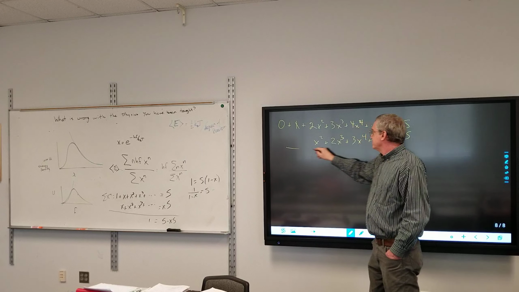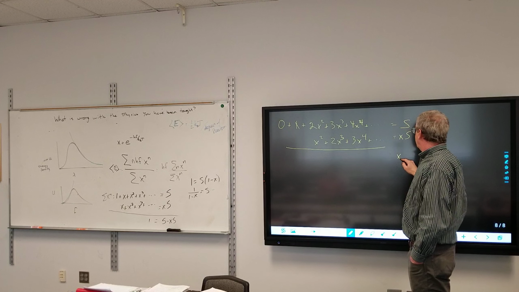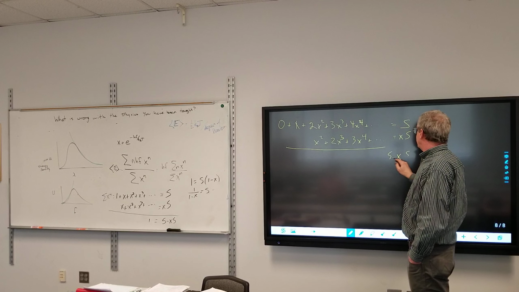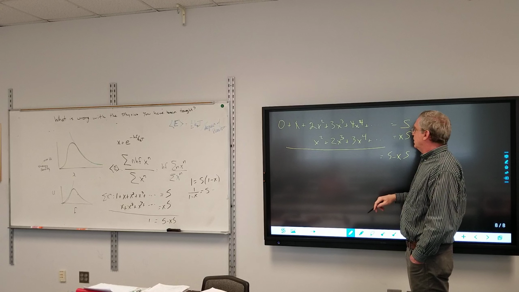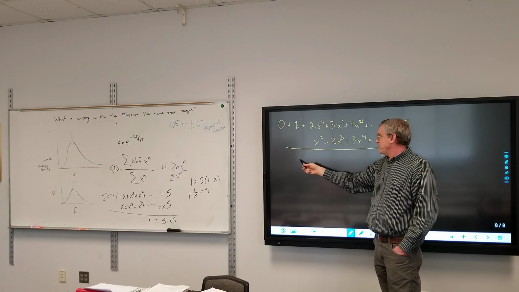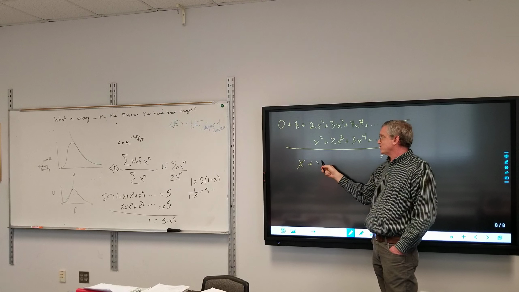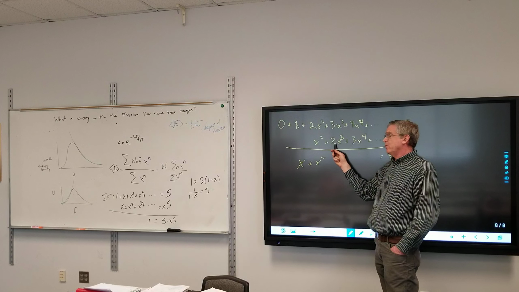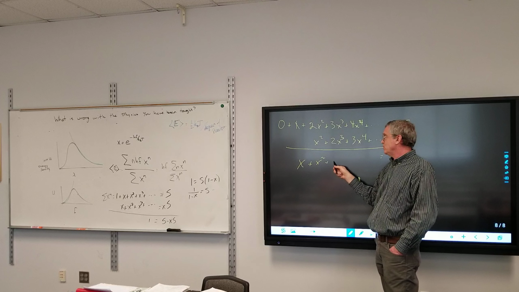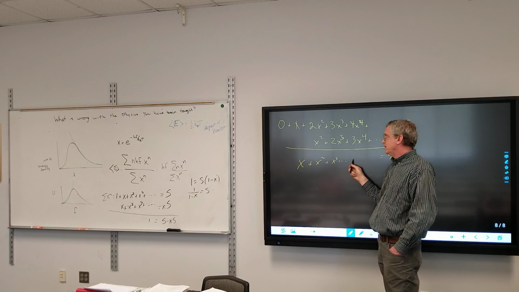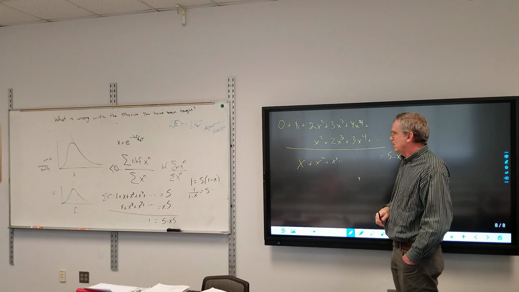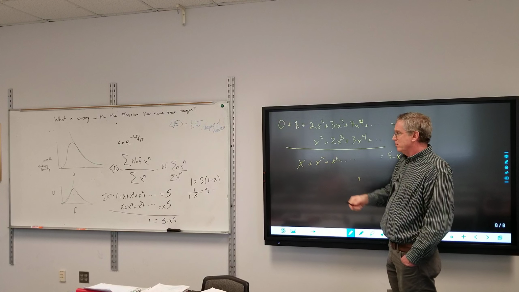Now if I subtract, I get s minus xs equals, well, that's going to give me x. 2x squared minus x squared is x squared. 3x cubed minus 2x cubed is x cubed, and so on, which we just solved over there.